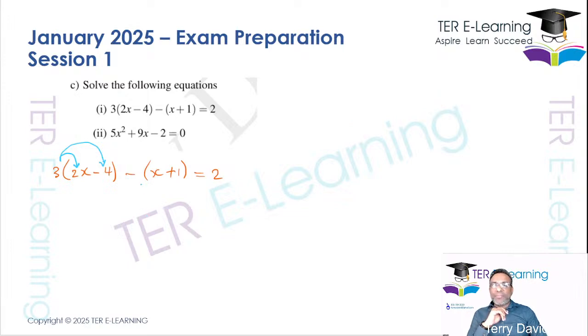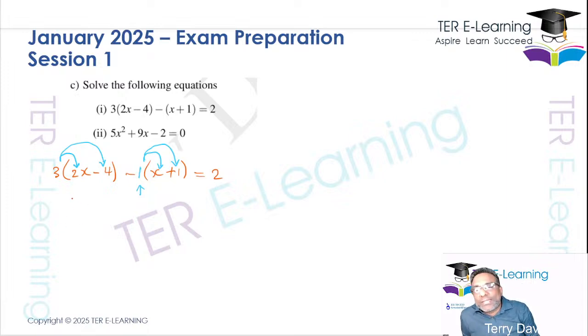In front of this bracket there is a 1 that you are not seeing, but it's not written. We do the exact same thing to remove the bracket. You take that negative 1 and multiply by x, and you take that negative 1 and multiply by 1. I've seen students make this error a lot of times.